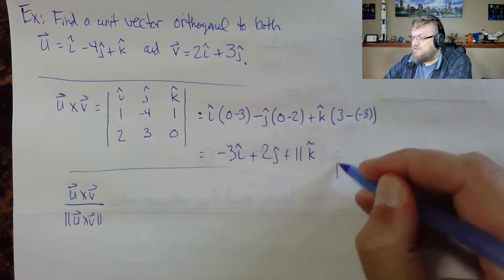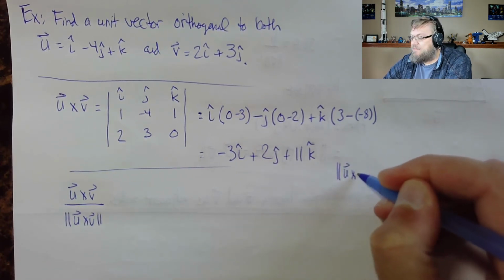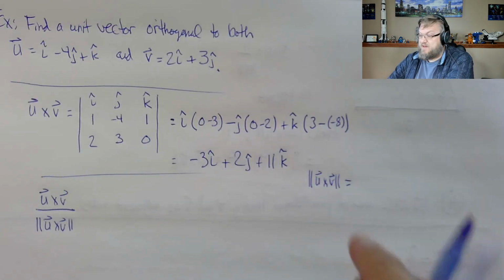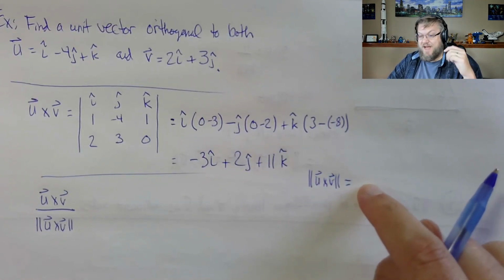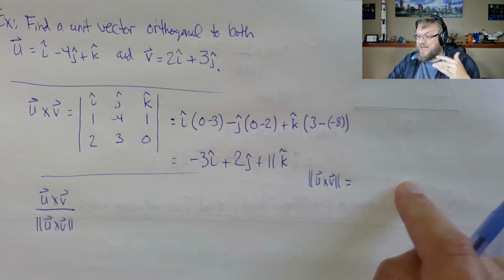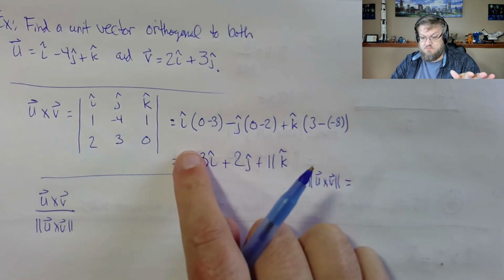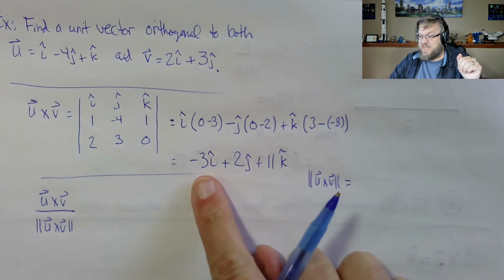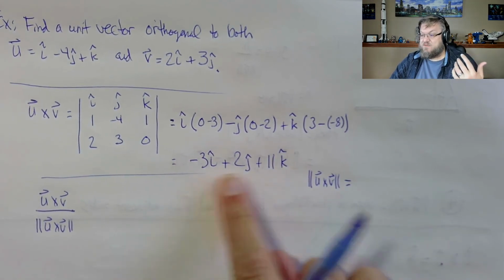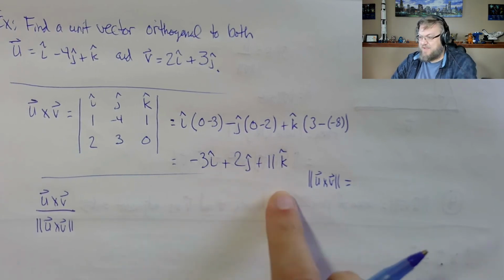And so let's calculate the magnitude. Now, if this was a physics problem, it might be better to use the magnitude of u times magnitude of v times sine of the angle between them. But do you notice I don't know the angle between these? So I better just take the magnitude of this vector. I already have it in component form. And so this is the easiest way in this case to find the magnitude.